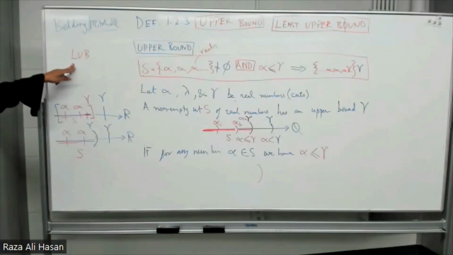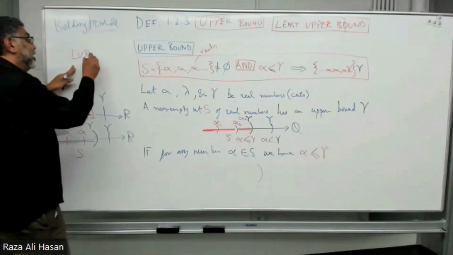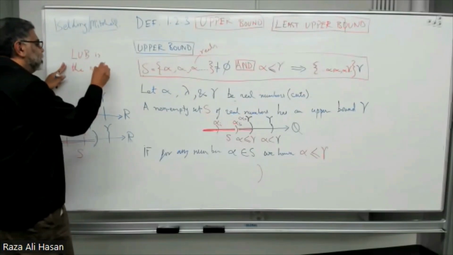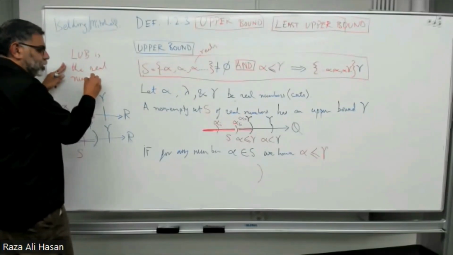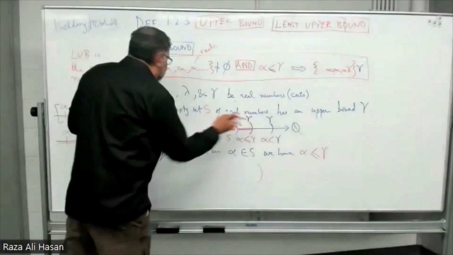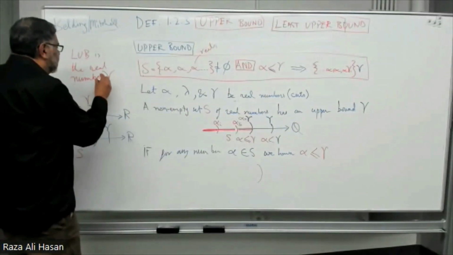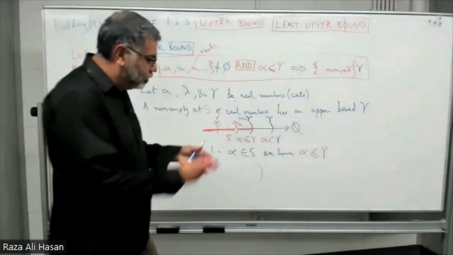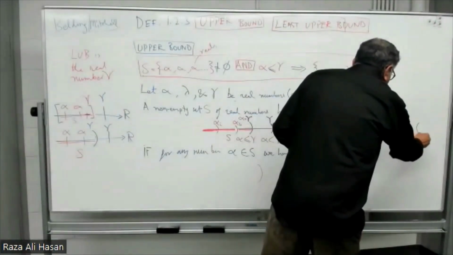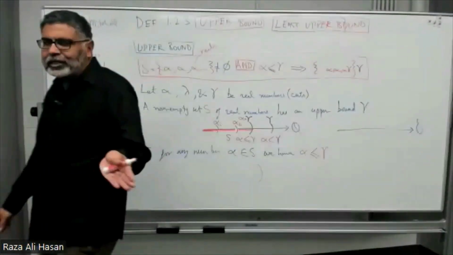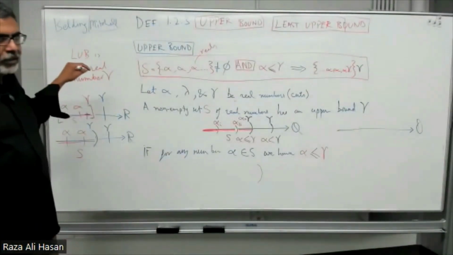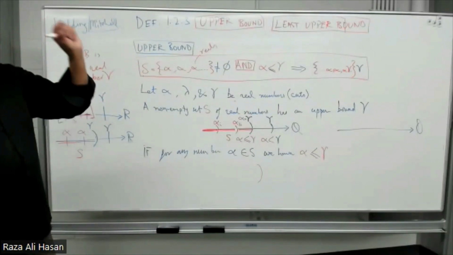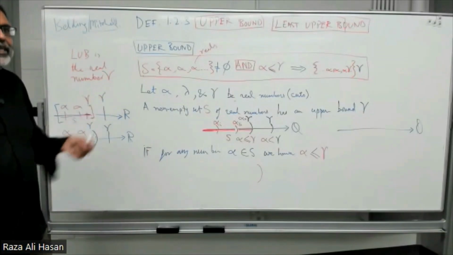LUB is the real number. Oh, LUB is A2 in this. So whenever we do this, what's really going on is that a real number represented as a subset of rational numbers, that real number is the LUB of that set.